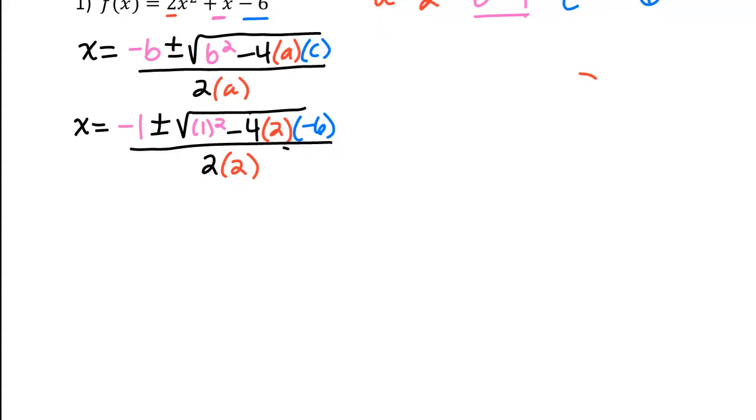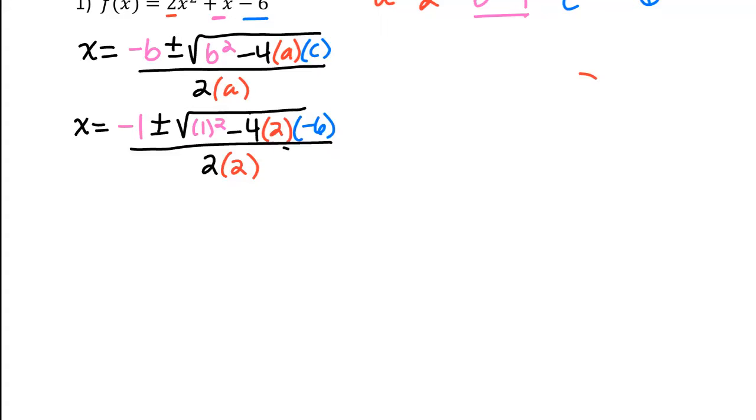So just like I had you guys do, I want you to plug this whole thing into the calculator, how it shows up. So on a calculator, you're going to open a parenthesis, then put 1, close the parenthesis, then do x squared, then do minus 4, parenthesis 2, parenthesis, negative 6, close the parenthesis, okay? So everywhere you see a parenthesis, put a parenthesis, and for the negative 6, you want to use the negative symbol underneath the 3.